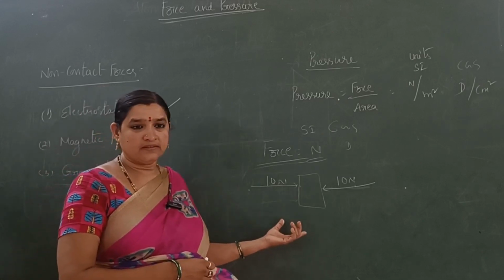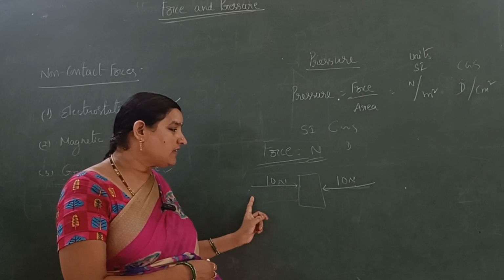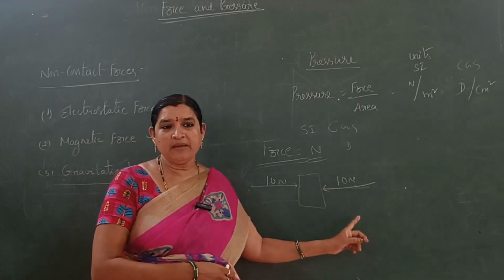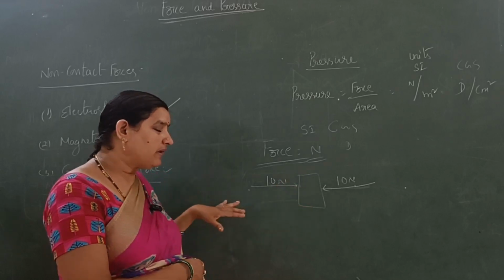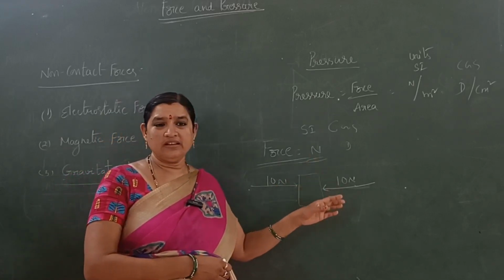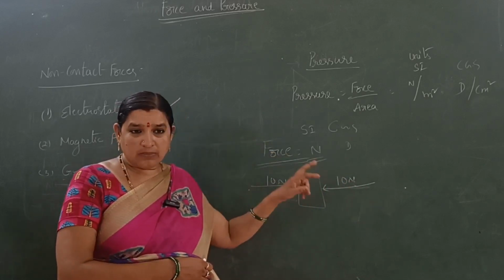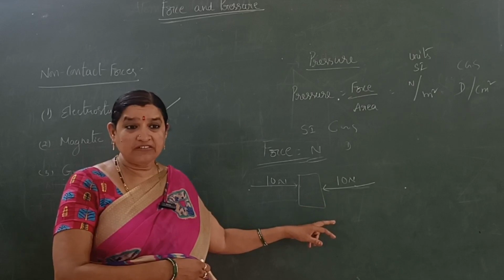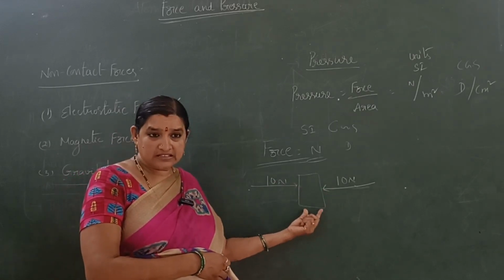What happens? The object is in a stable condition. Why? Because the forces are equal in magnitude but opposite in direction. So if we apply force in the same direction, the object will move and its speed increases. If we apply force in opposite directions with equal magnitude, then it is in rest position.